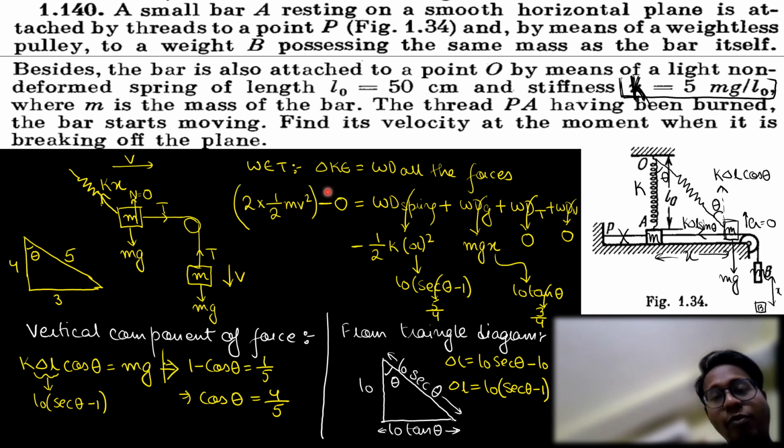See, again to recap what I did out here. I just applied the work energy theorem: change in kinetic energy is equal to work done by all the forces. So normal and tension forces are already 0. Work done by gravity is equal to mgx. Work done by spring is equal to minus half k into delta L square, where delta L is nothing but the change in length. Now to find the change in length, I came to this diagram.